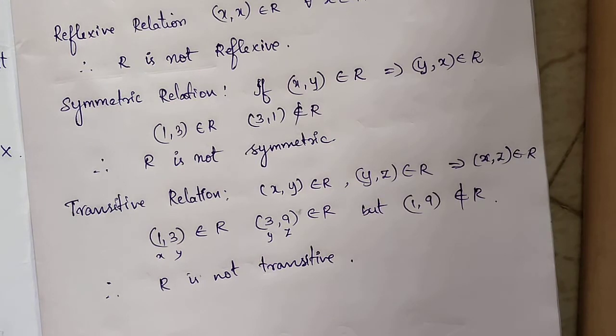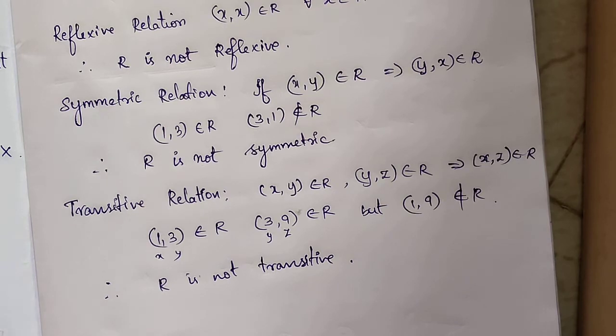So in this given question, reflexive relation is also not there, symmetric is also not there, transitive also not there.